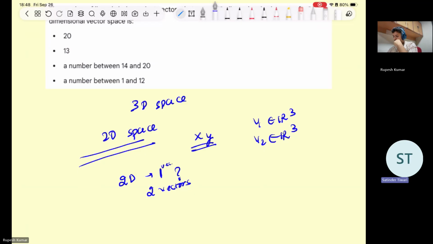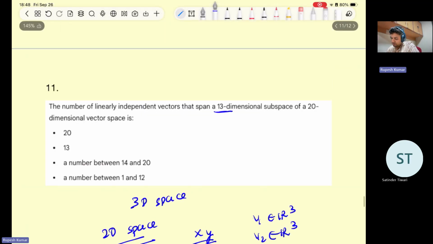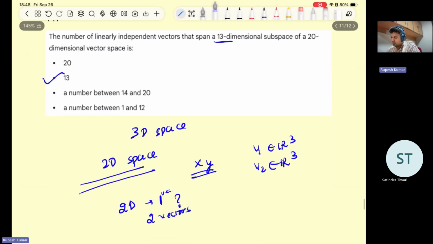Similarly for 13 dimensions, we need 13 vectors. I'm just extending the properties from 3D, 2D to 13 dimensions and 20 dimensions, right?